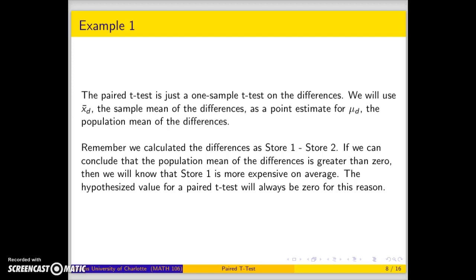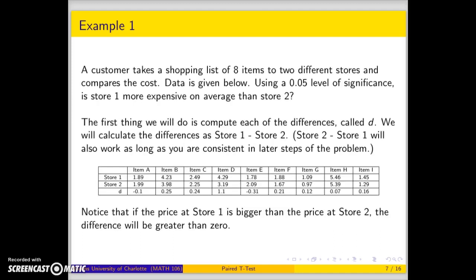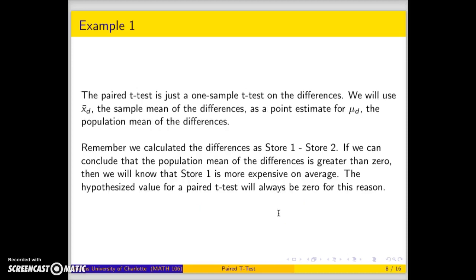So looking back at the previous table, if we take the mean of these numbers, that's the differences, that's x bar with the subscript d. And we use that as a point estimate for mu d, the population mean of the difference. Remember, x bar is always the point estimate for mu. So we did our calculations as store 1 minus store 2.